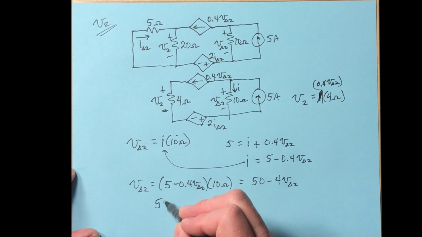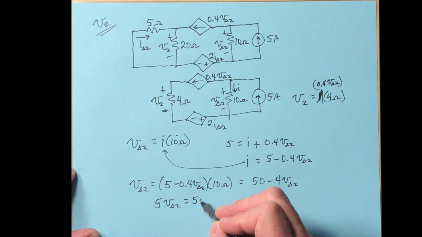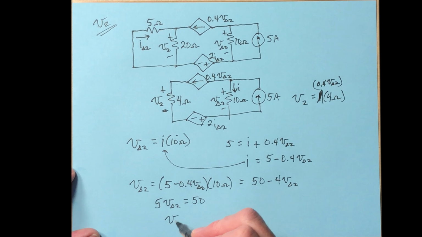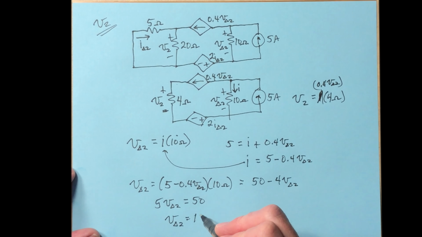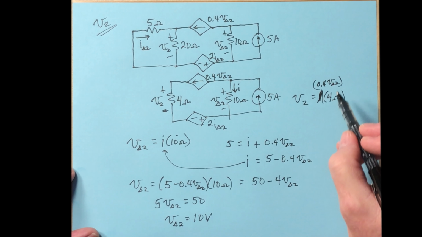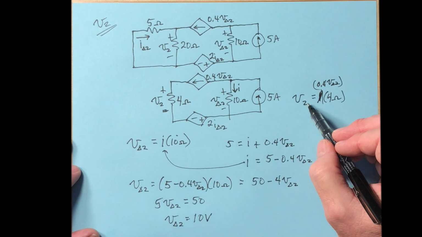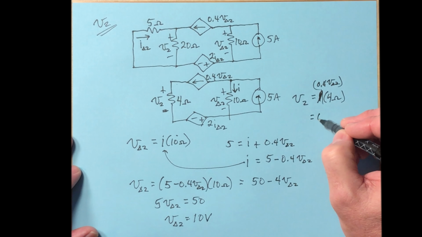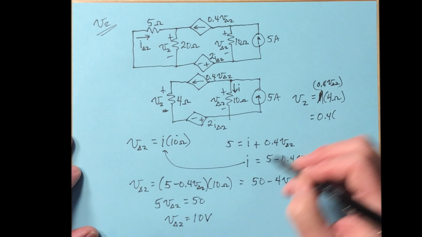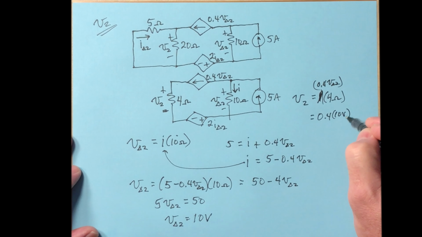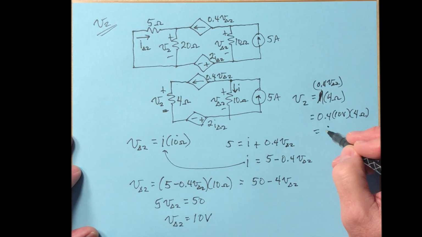Then we have 5 V delta 2 is equal to 50, which makes V delta 2 equal 10 volts. That's V delta 2. Now let's take that back up here so that we can figure out what our V2 is. V2 is going to be 0.4 V delta 2, 10 volts times 4 ohms. So that's going to be 4 times 4, that's going to be 16 volts total.